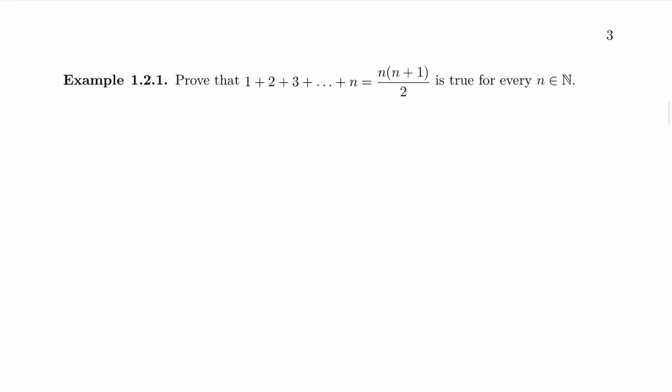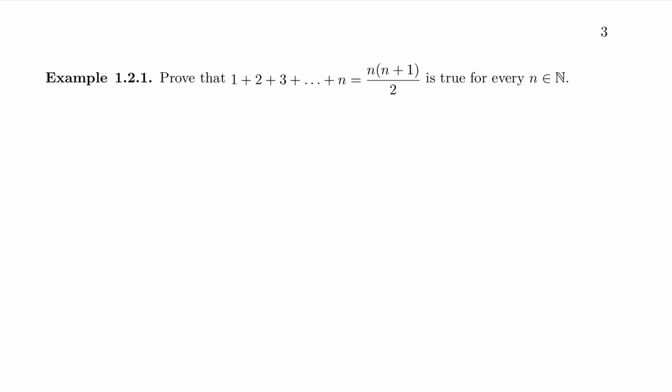This is one of the examples of how to use mathematical induction. Prove that 1 plus 2 plus 3 all the way to n is n times n plus 1 over 2, is true for all positive integers n. Okay, let's prove this.